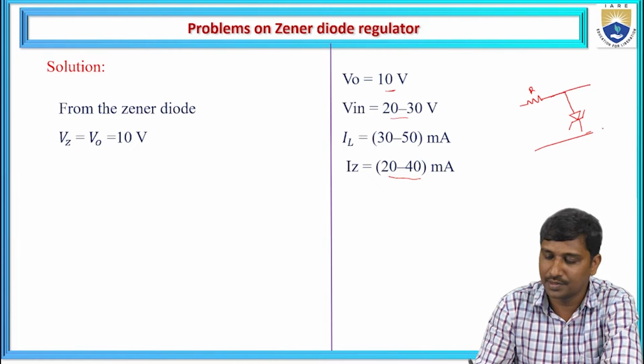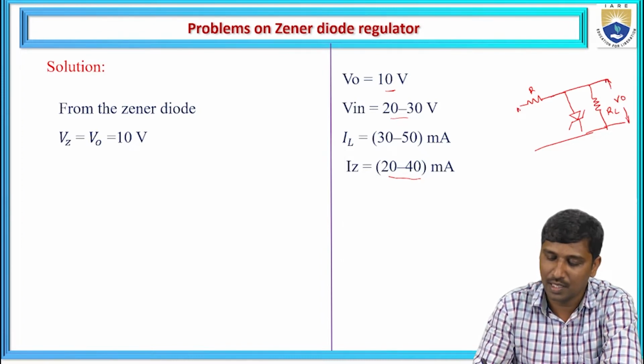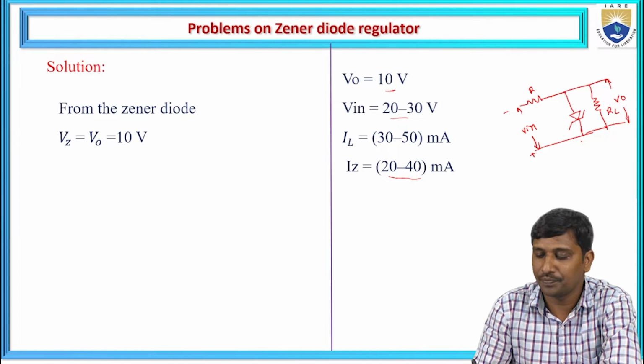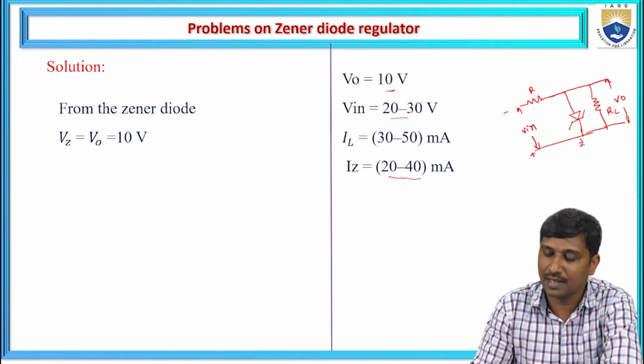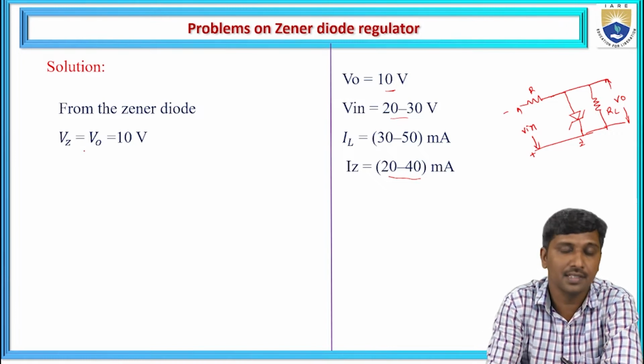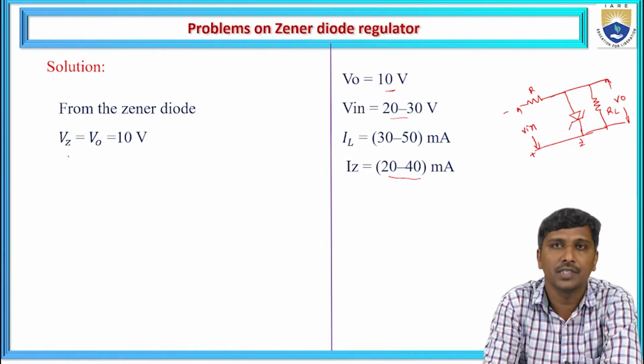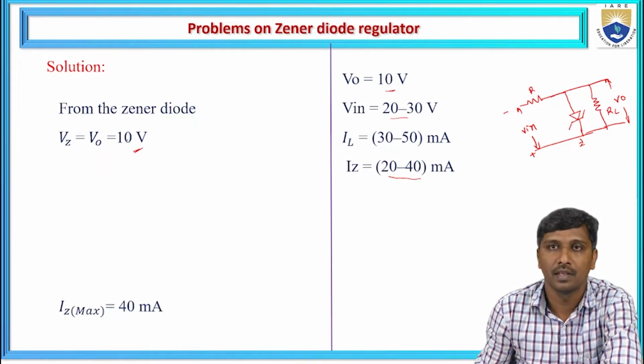Let us consider a load resistance RL, where we find the output voltage, and we apply Vin here, with minus and plus terminals. Since they are in parallel, the voltage is the same, hence the voltage across the Zener diode, that is the voltage across the load resistance, which is the output voltage, is equal to 10 volts.